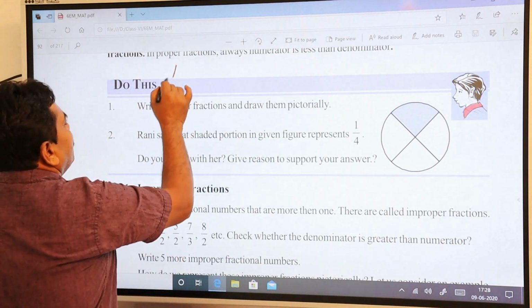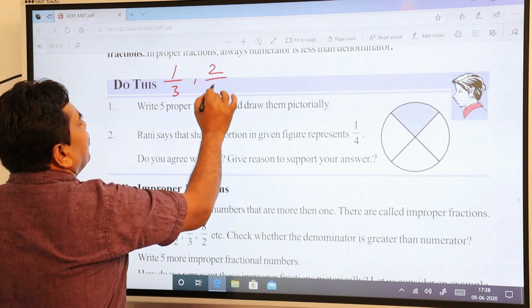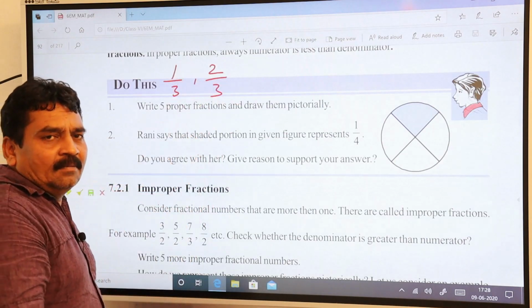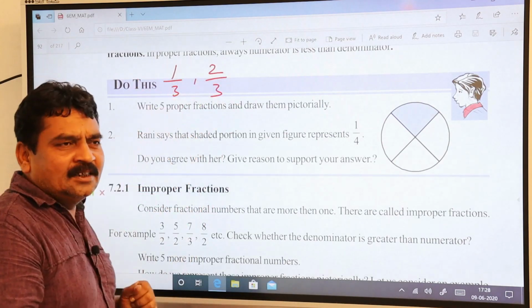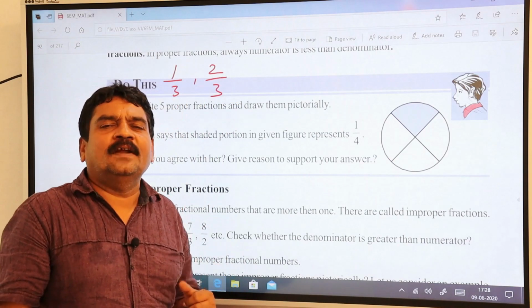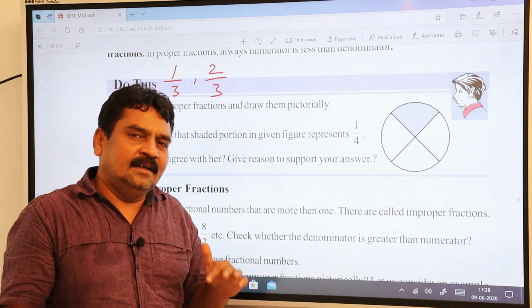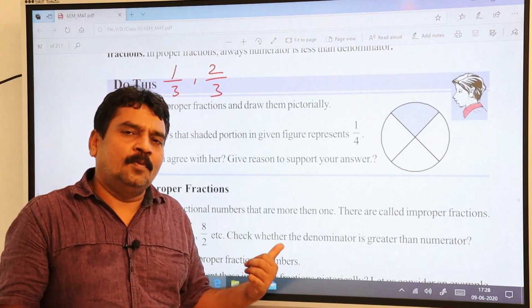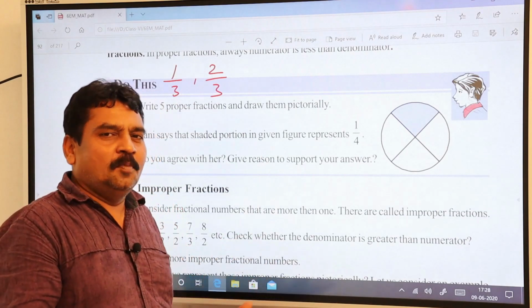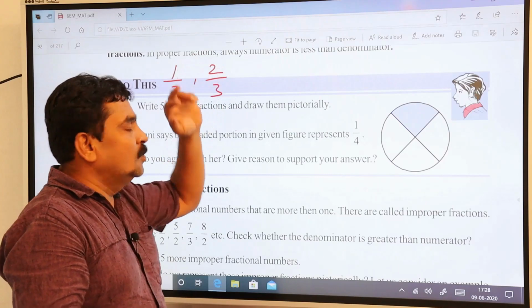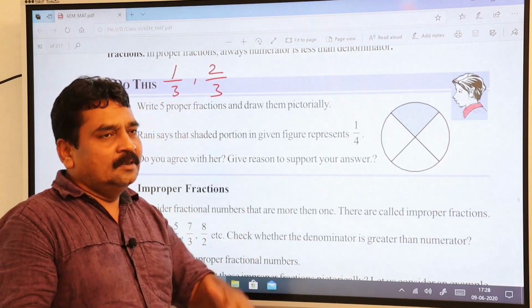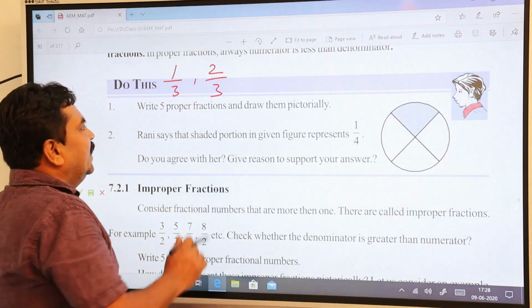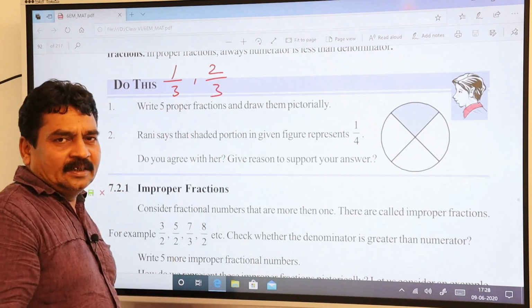I'll do 1 by 3 and 2 by 3. Is 1 by 3 a proper fraction or an improper fraction? It is a proper fraction. Why? Because the numerator is less than the denominator. 2 by 3, is it proper or improper? It is a proper fraction, because the numerator is less than the denominator. Okay, fine. Then I'll draw a picture for it.